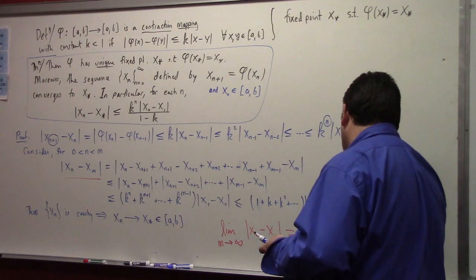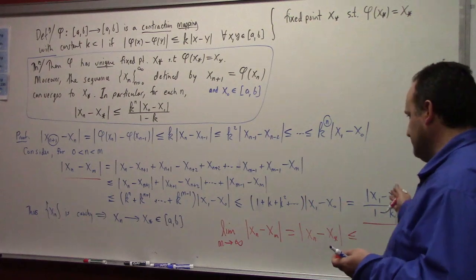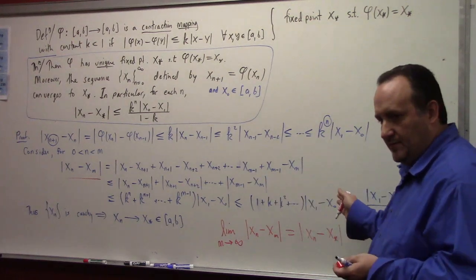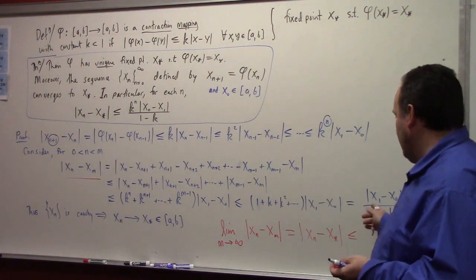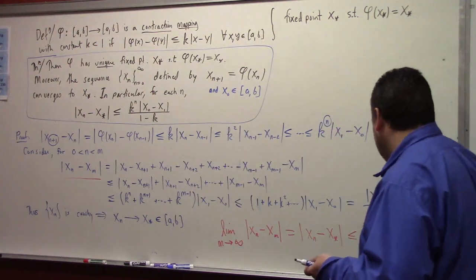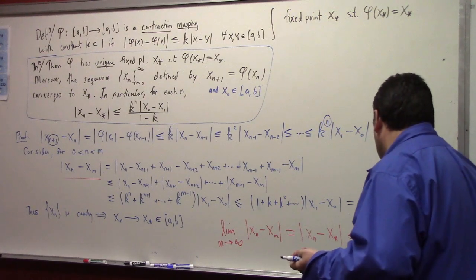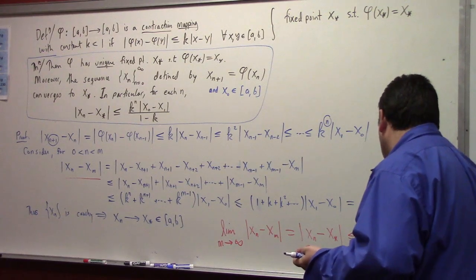And of course, that is less than or equal to, by the usual comparison theorems for limits of sequences, I have that this is greater than that. Taking the limit as m goes to infinity, it's just straight up x1 minus x naught over 1 minus k, right?